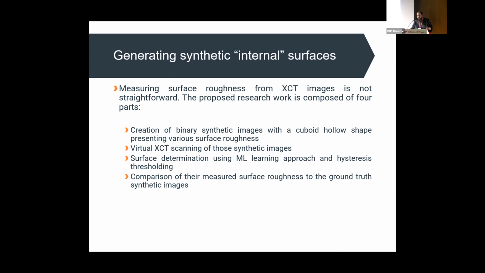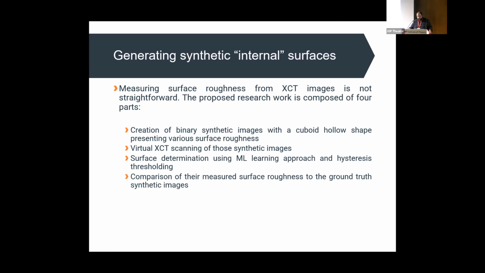Okay, the next slide will be presented in 4 parts. First of all, the creation of binary synthetic images with a cuboid hollow shape with different surface roughness. Then those synthetic data will be virtually CT scanned.